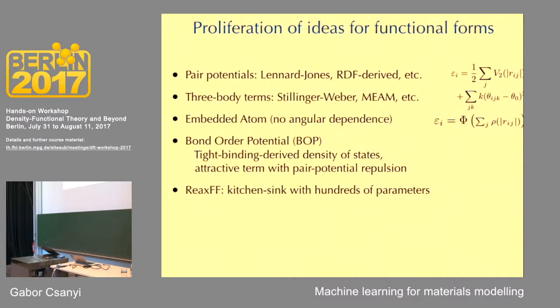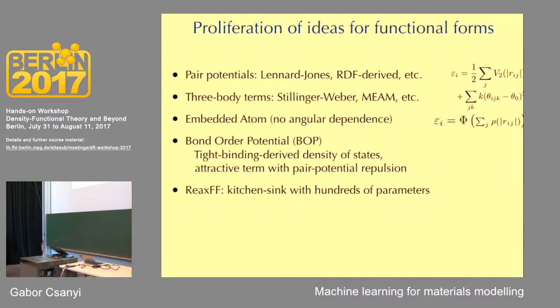Then there are many others. So embedded atom models are very good for metals. You take a density that is a pair that is just depending on the distance between atoms, but then you sum up all the densities at an atomic site and you put that into some embedding function phi that is nonlinear, and that gives you a rather good model of FCC metals. There are bond order potentials, and then there are very sophisticated things.